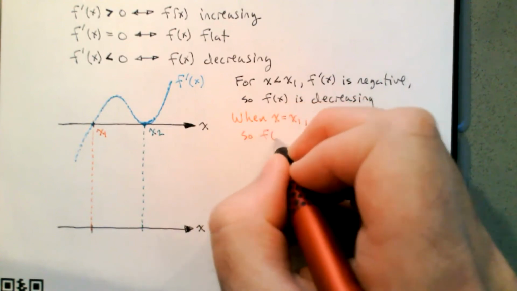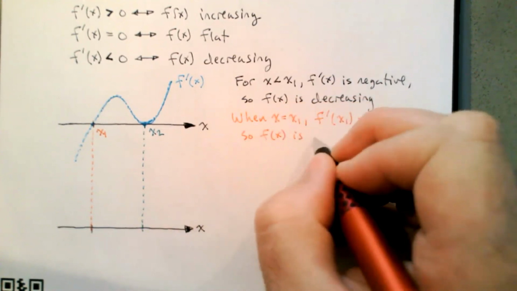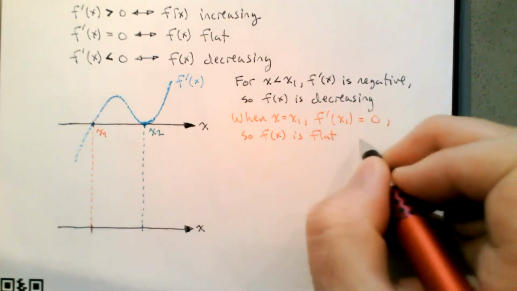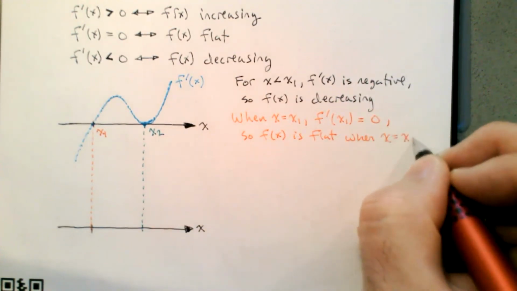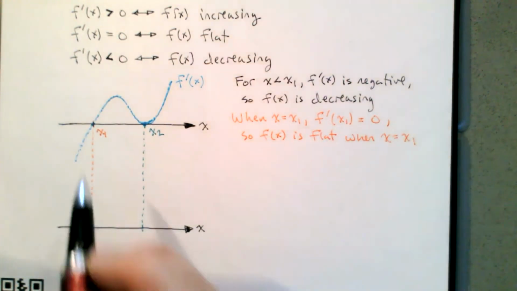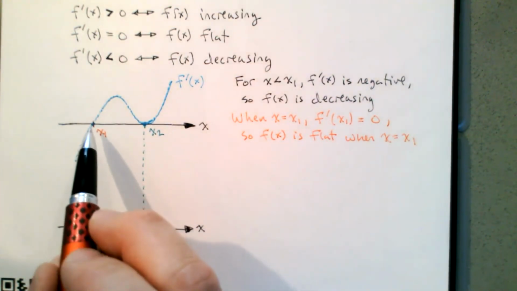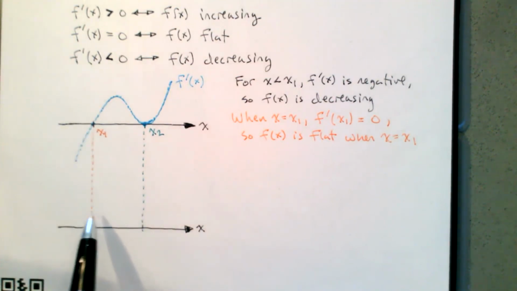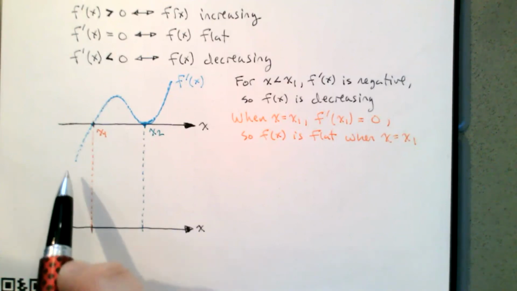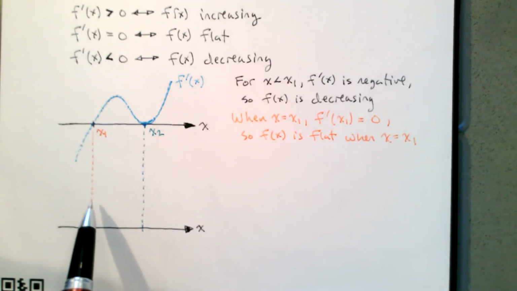So f of x is flat when x equals x1. Wherever I draw the function f, when I get to x1, I need to draw it flat. It needs to flatten out. It needs to go from decreasing to flat.